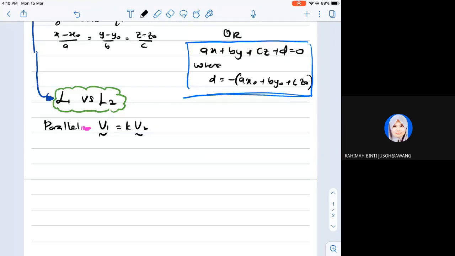You need to find the coefficient k such that the parallel vector of the first line is equivalent to the parallel vector of the second line. So that is how to test parallel.